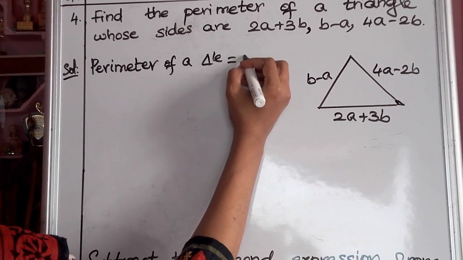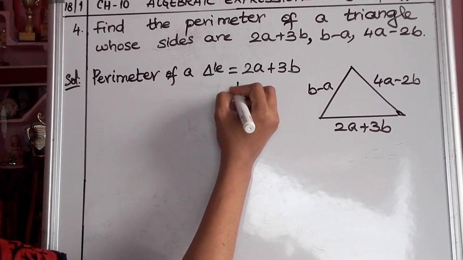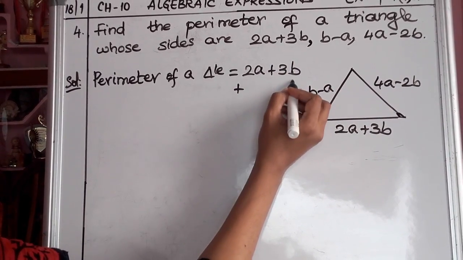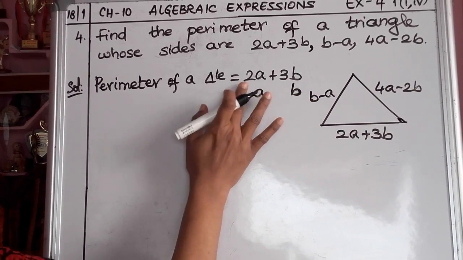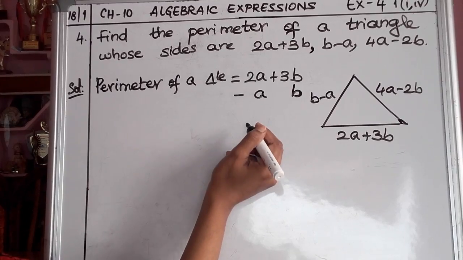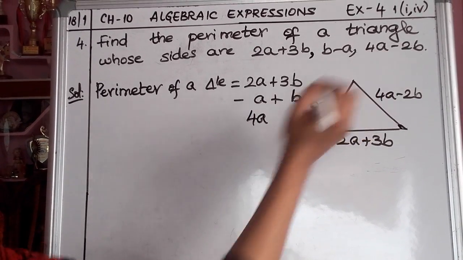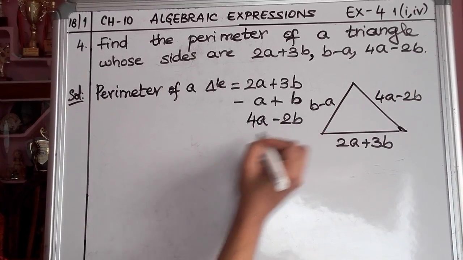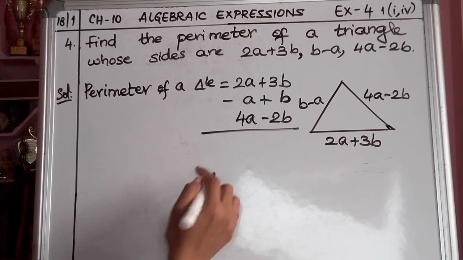So sides 2a plus 3b, plus b minus a, so here it is minus a, then 4a minus 2b. All this we are adding.